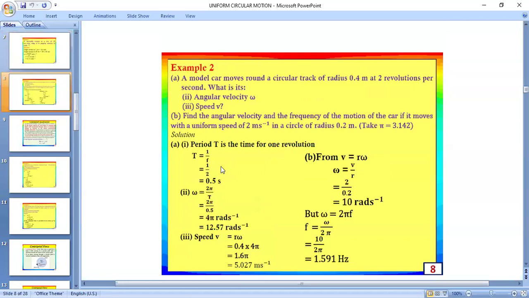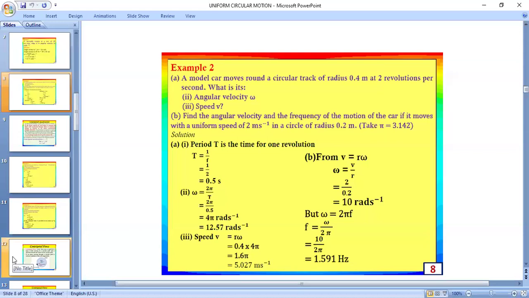Number 2, we have the first question A that says, a model car moves around a circular track of radius 0.4 meters at 2 revolutions per second. Remember, I've just said that 2 revolutions per second gives us a frequency. What is its angular velocity?